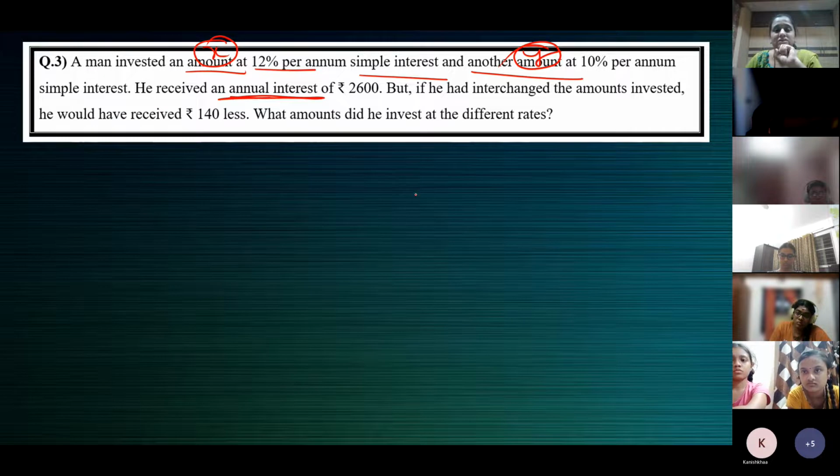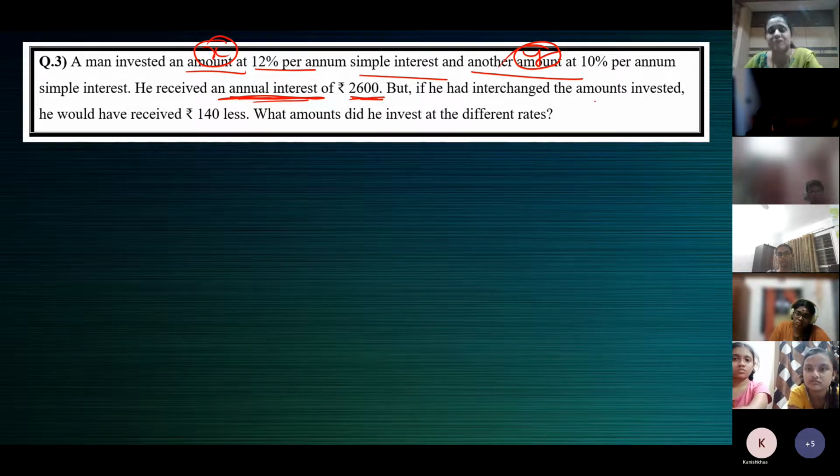So at the end of the year, he will get interest on rupees X, he will get interest on rupees Y. These two interests put together is equal to 2,600. That is the interest at the end of the year.